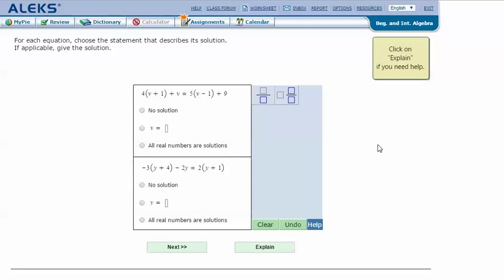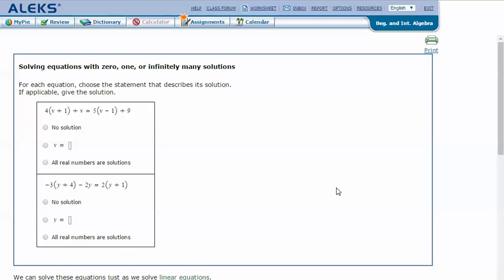Here's an example problem. For each equation, choose the statement that describes its solution. If applicable, give the solution. Let's click Explain. So this is the original problem, and we have two equations here.